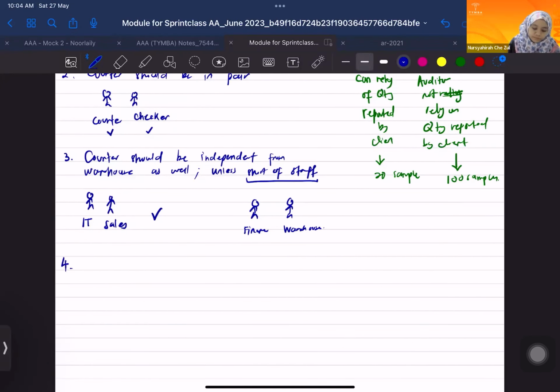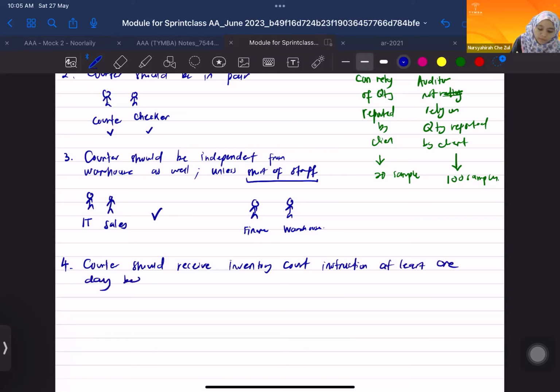Number 4. This counter, which maybe we have 10 pairs or 20 pairs or even 30 pairs, should receive inventory count instruction at least 1 day before the inventory count day, so that they know what their responsibility is.